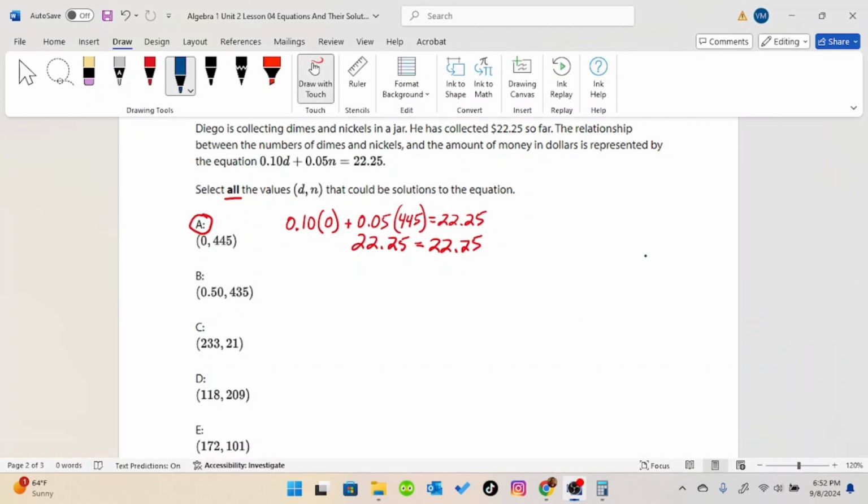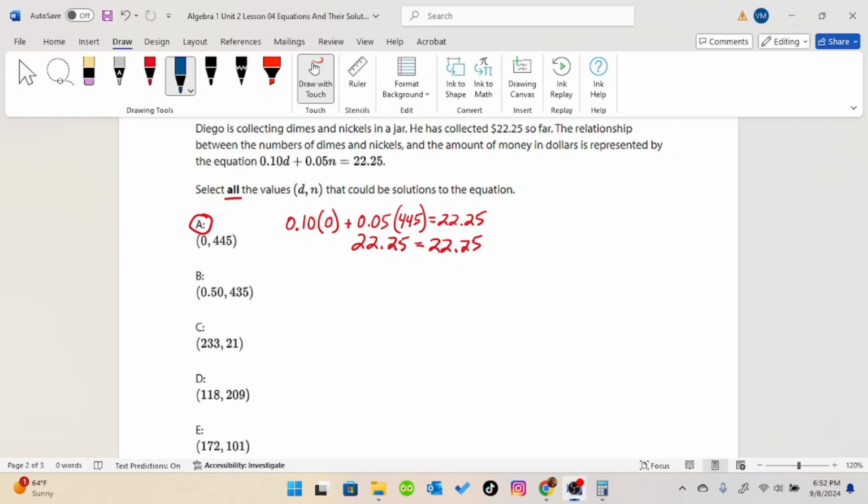Choice B says we have half of a dime and 435 nickels. This is a problem where we can use logic to know that this is not a possible solution, because we can't have half of a dime.